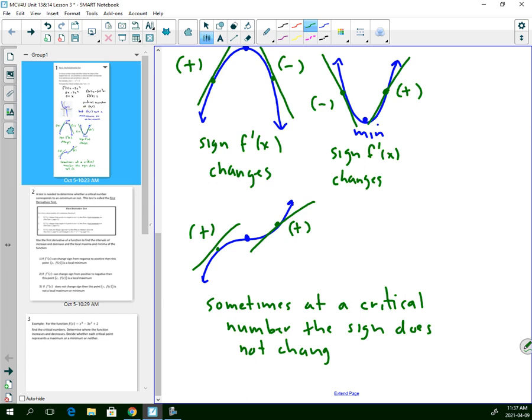This is actually called a point of inflection, and we'll look at that later. But for now, our purposes are, can we determine a maximum or minimum based on the sign of the slope of the tangent, or what is often called the first derivative.